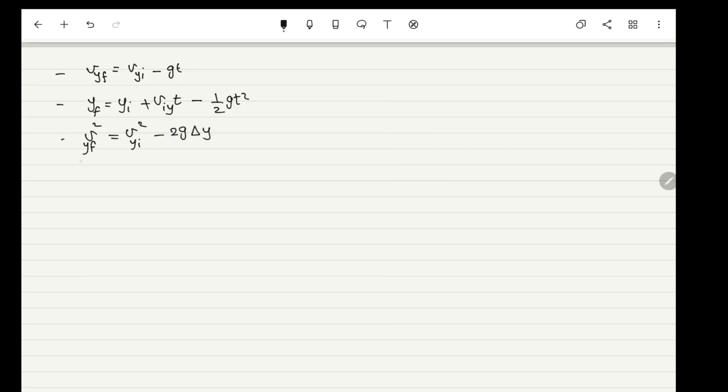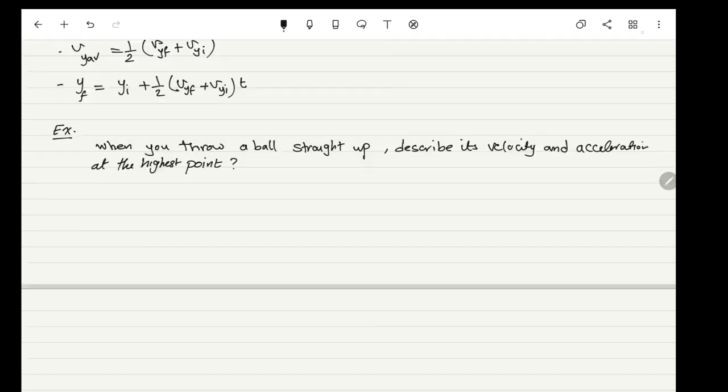This is the third one here. And v y average equal to half of v y final plus v y initial, and y final equal to y initial plus half of v y final plus v y initial, all multiplied by t.